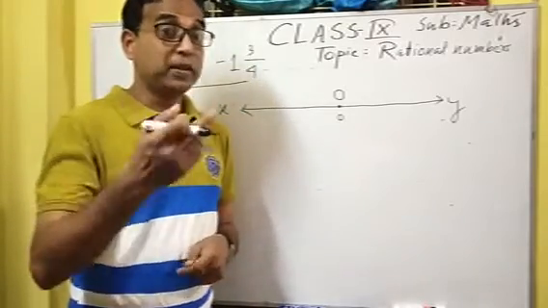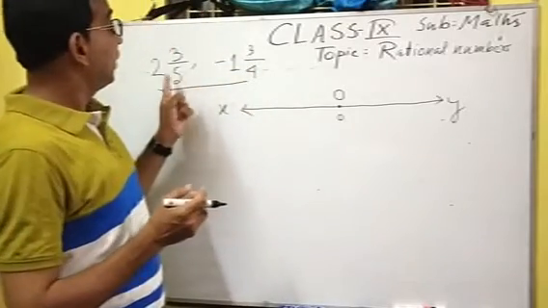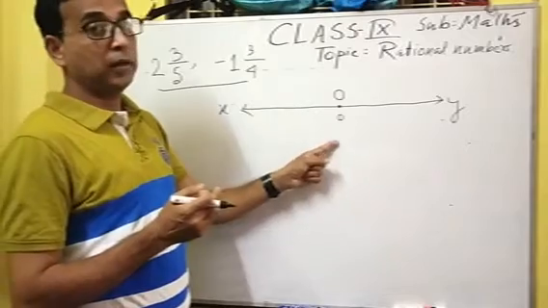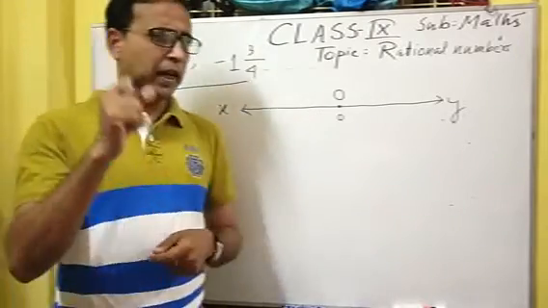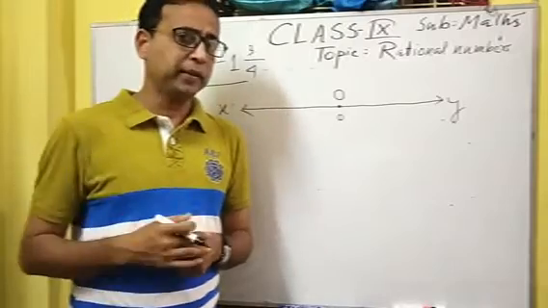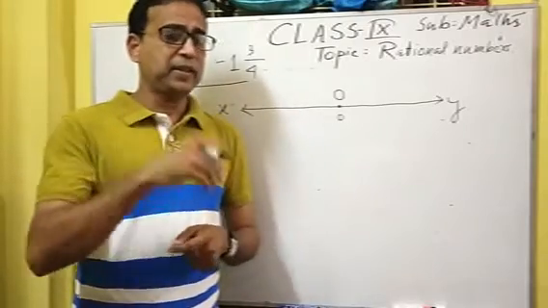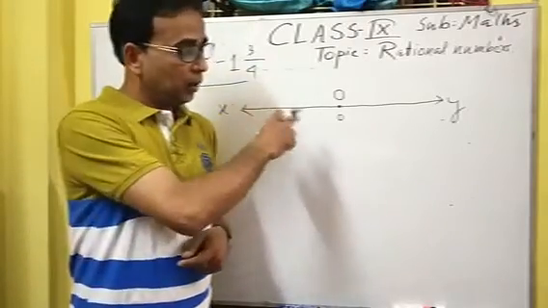How can I represent rational numbers on the real line? Taking a fixed length as a unit length, we represent integers on the line.